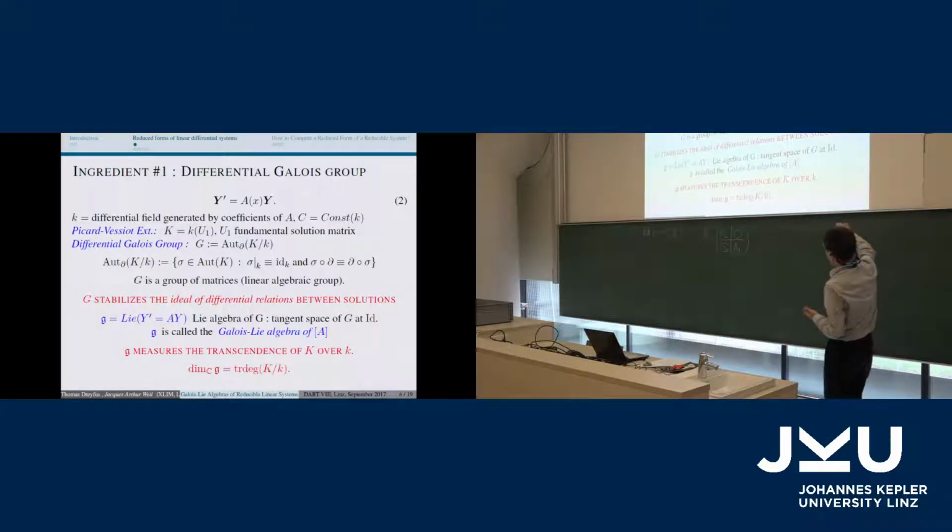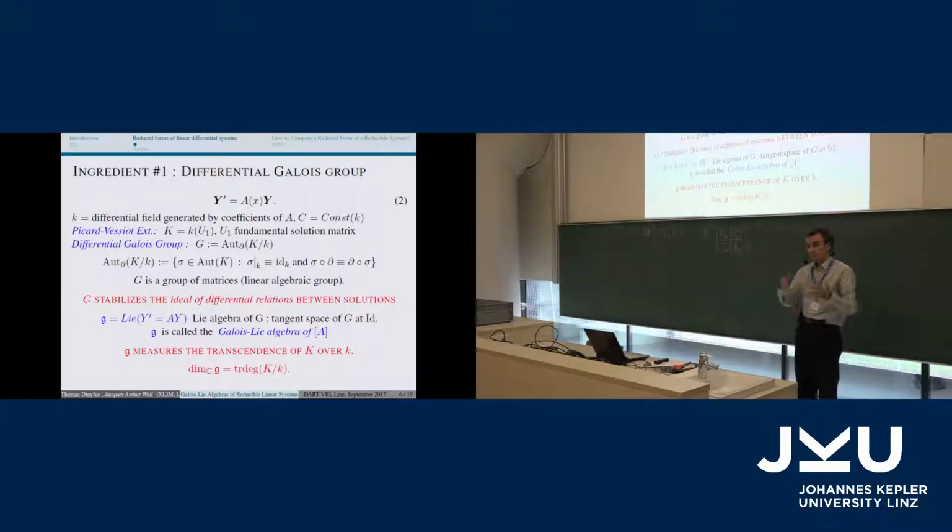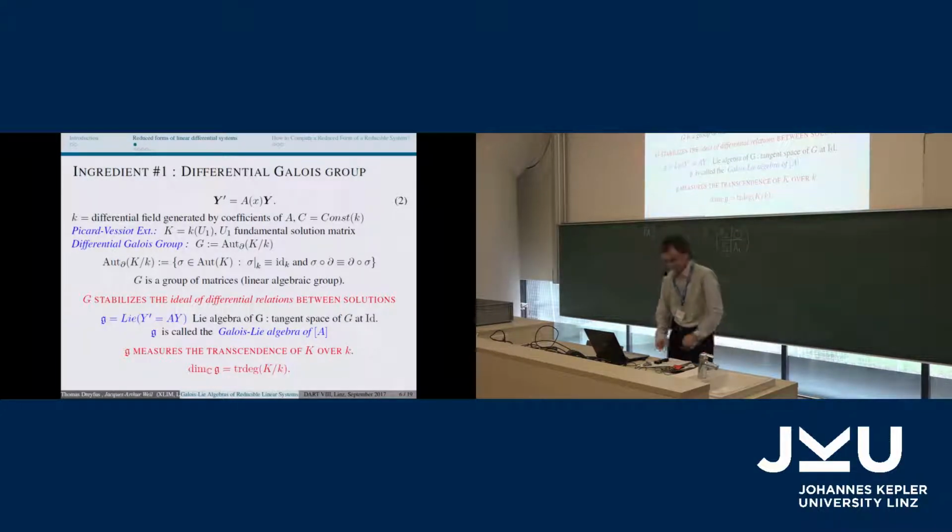Now there's another object. It's a linear algebraic group, so it has a Lie algebra, which is often called the Galois Lie algebra. And it measures the transcendence of that Picard-Vessiot extension and says also other things about solutions. So there have been many algorithms designed to compute Galois groups, and my favorite actually is the one by Ruyong Feng right here. He doesn't like me to point, but it really is.